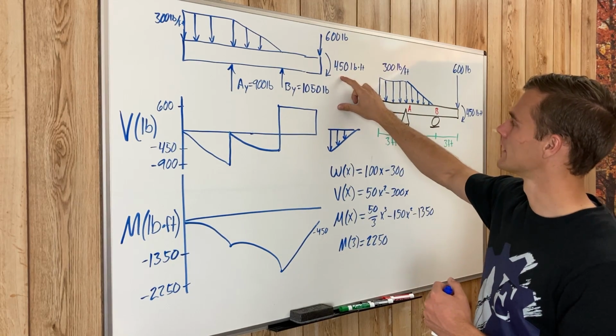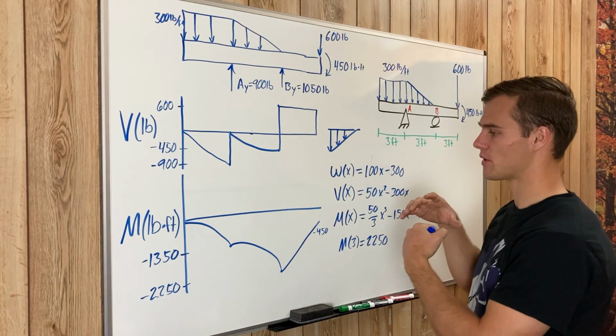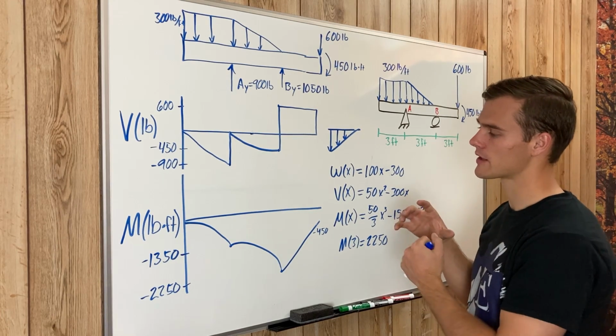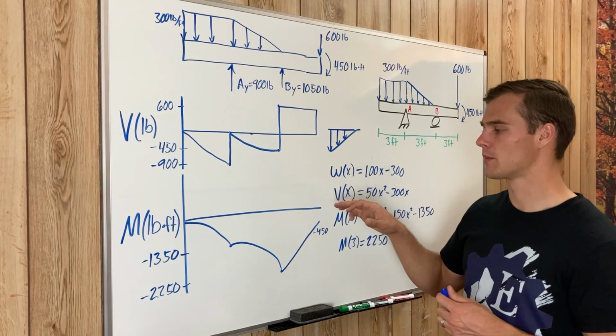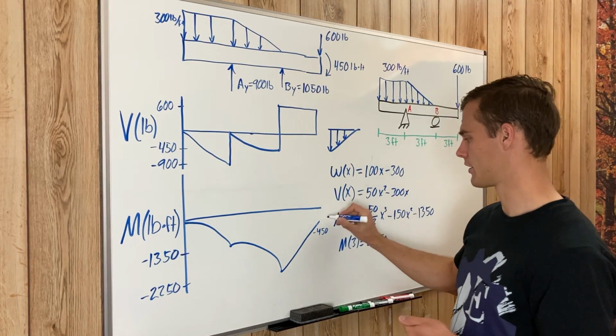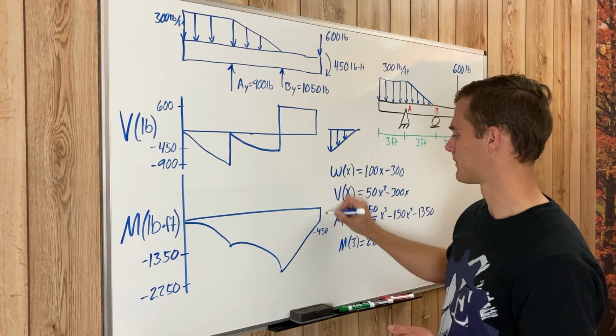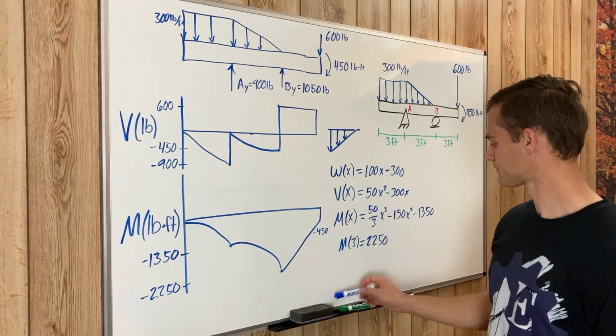This one's pushing clockwise, and so our internal bending moments are pushing counterclockwise, which we said is positive. And so because our internal bending moments are positive, it is going to be a positive jump in our moment diagram. Just like that, and that completes our moment diagram.